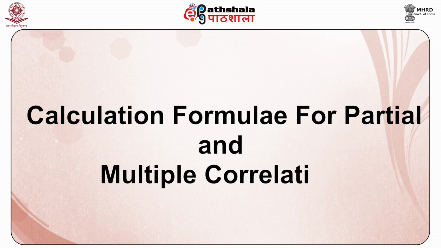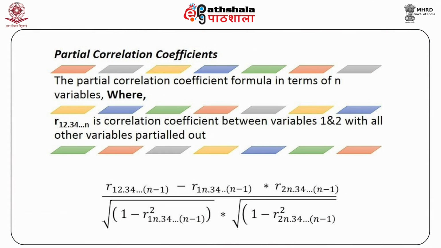The calculation formula for partial and multiple correlation. The partial correlation coefficient formula in terms of n variables, where R 1,2.34 ranging to n is the correlation coefficient between variables 1 and 2.